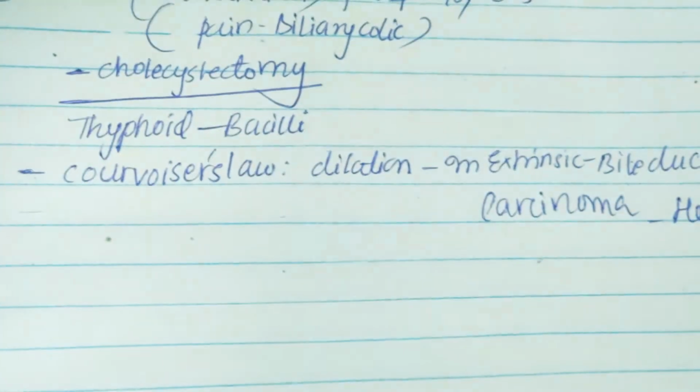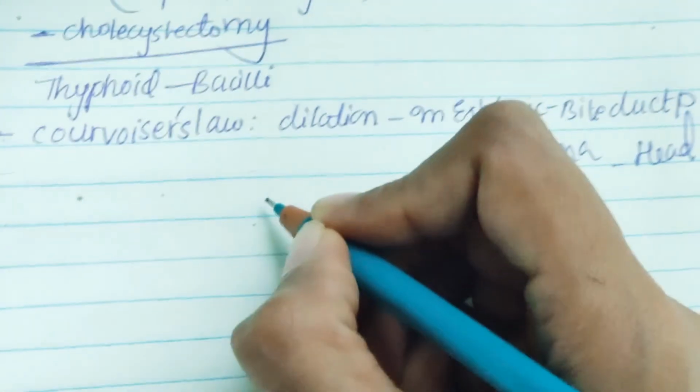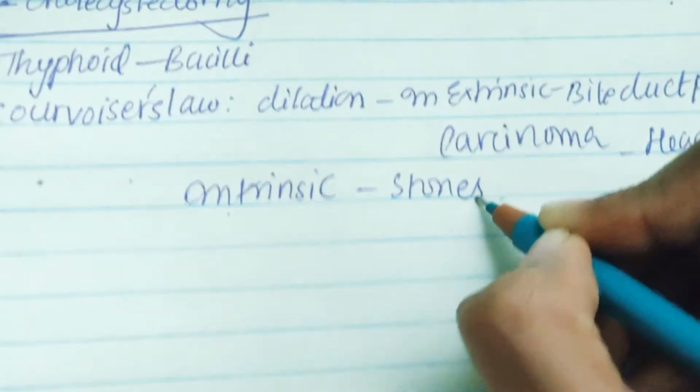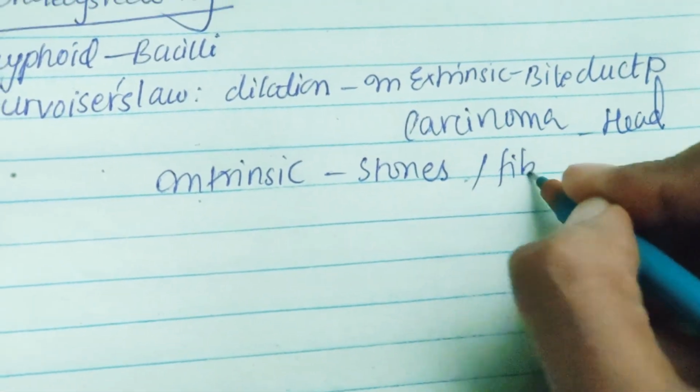Okay, and intrinsic obstruction means from inside, because of stones or dilation caused by fibrosis. So intrinsic is due to stones, okay, or fibrosis.